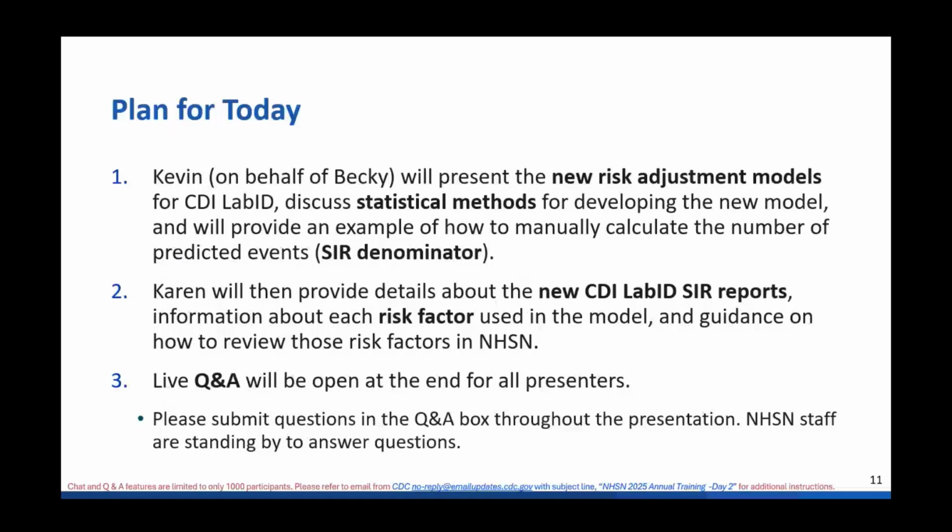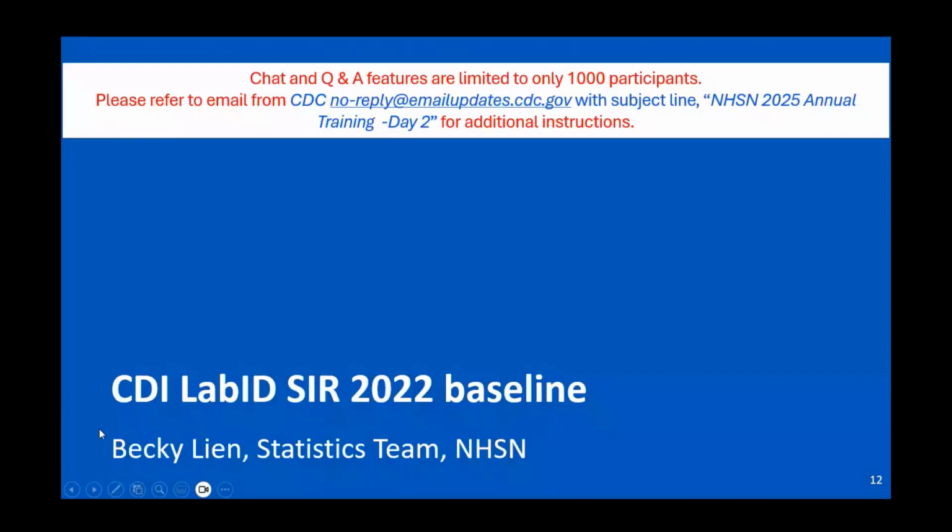And lastly, we will end with a Q&A if there is additional time. As there are questions during this presentation, please submit them via the Q&A section of Teams. And I will turn it over to Kevin.